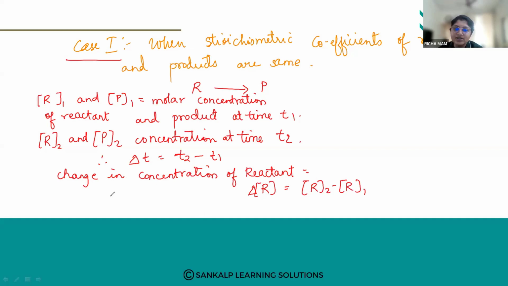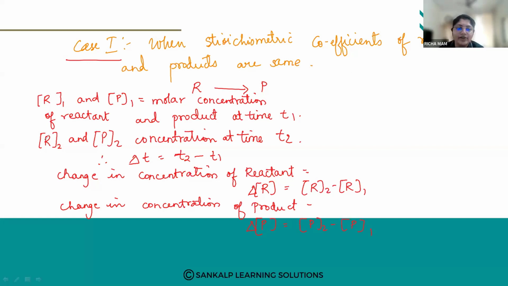This is the change in concentration of reactant. Now let us find the change in concentration of product, that is delta P, which is given as P2 minus P1.